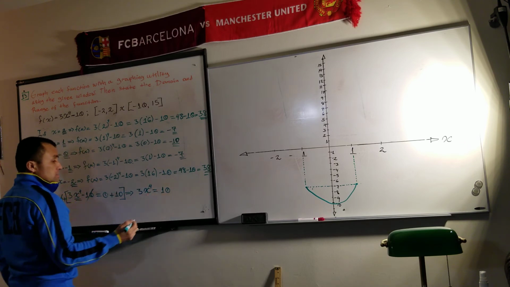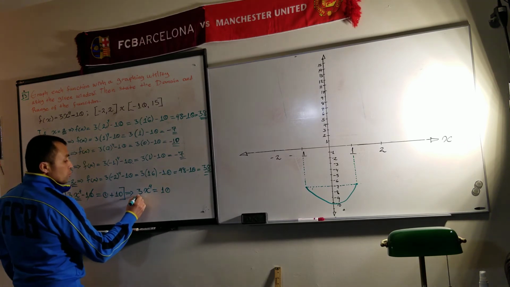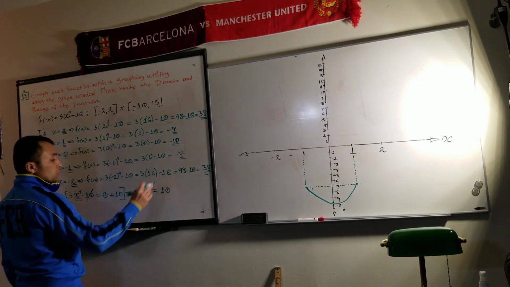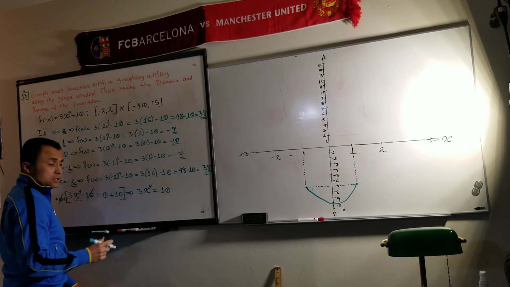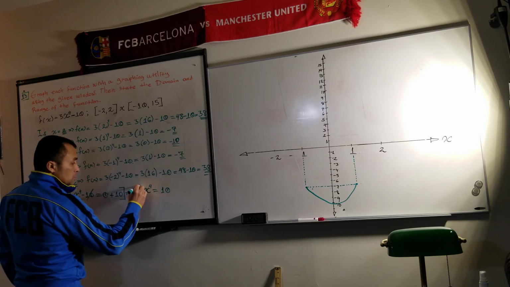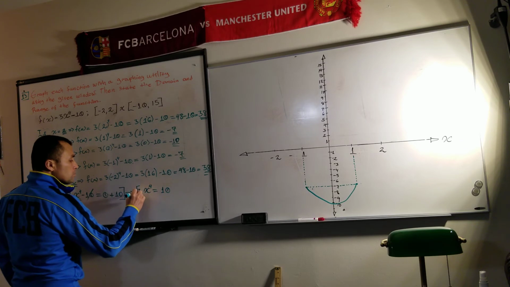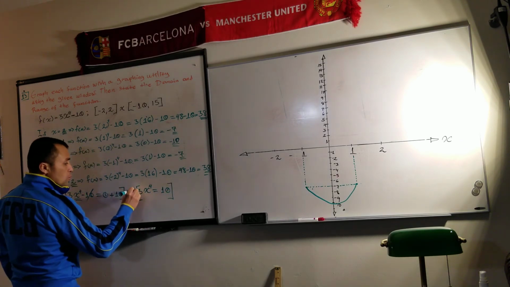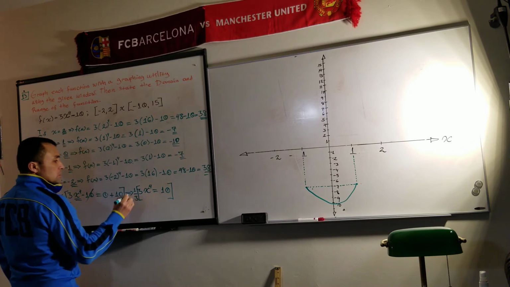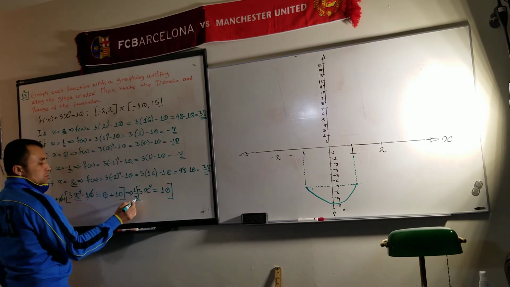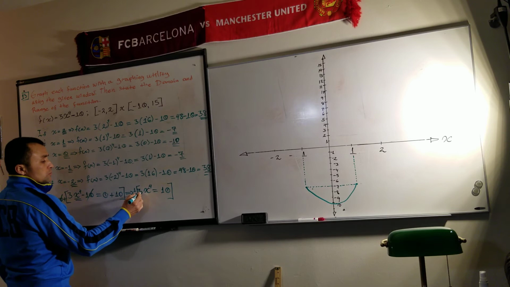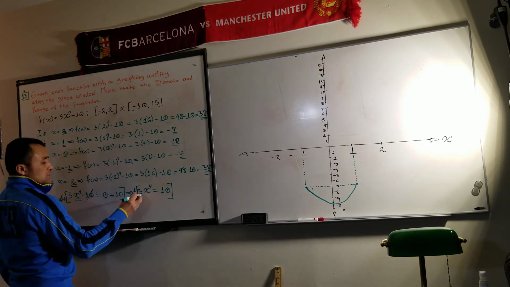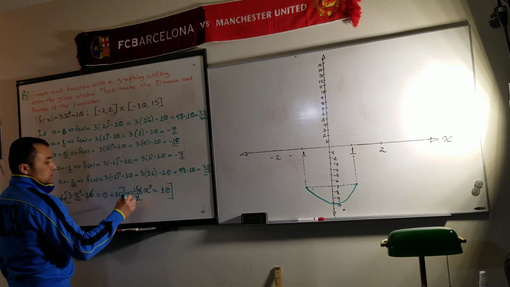And now the next step is to move the 3 to the other side of the equality. In order to move it, we can multiply the entire expression by 1 over 3. Let's see what happens. So 1 over 3 multiplied by 3x to the 4, that's 3 divided by 3, that is 1.